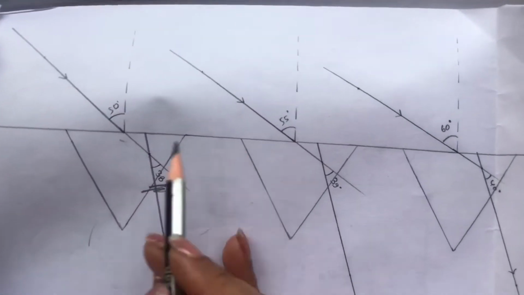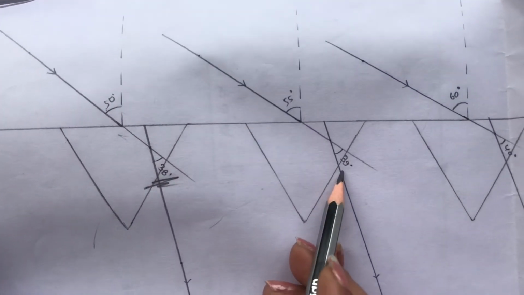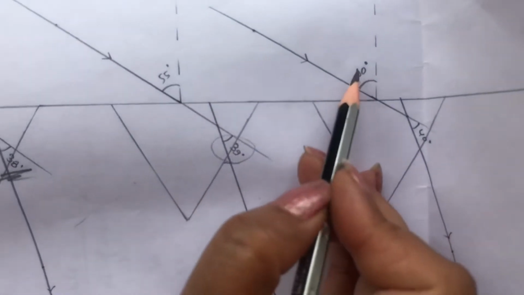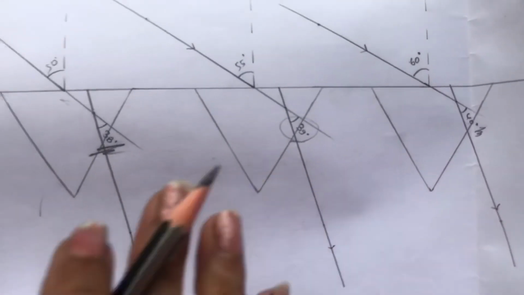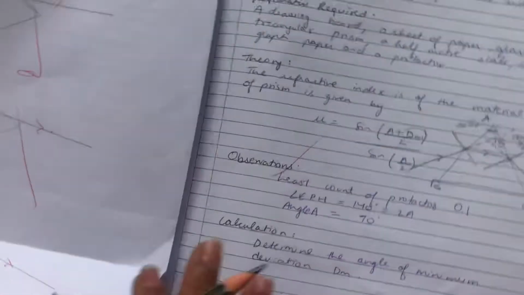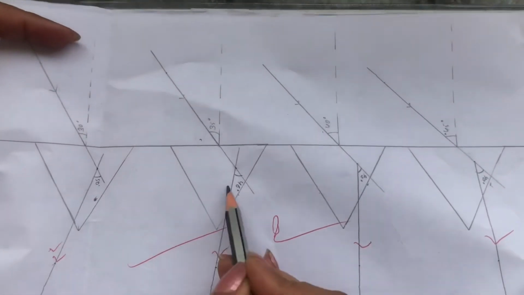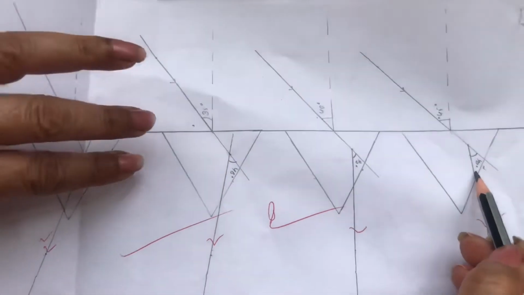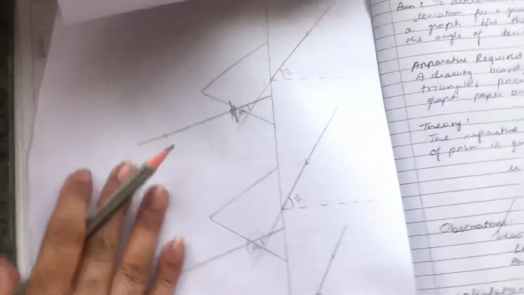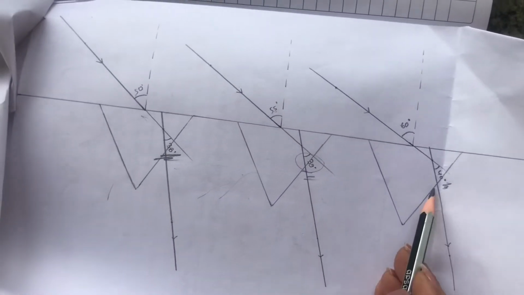And after this, if you are increasing the angle of incidence, the angle of deviation will increase. So it is 39 degrees. For 60 degrees it is 40 degrees. So as you will observe, when the angle of incidence is increased, the angle of deviation decreases up to a certain point, and after that, if the angle of incidence is increased further, the angle of deviation also increases.